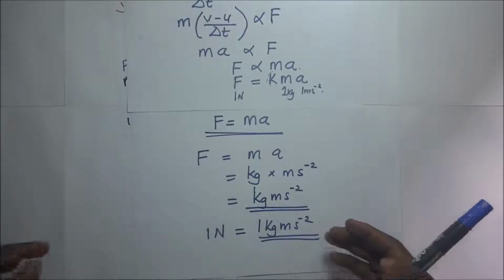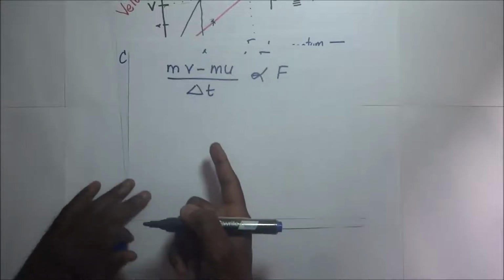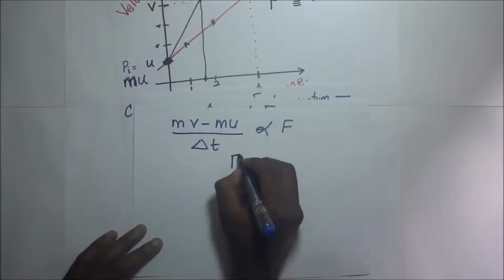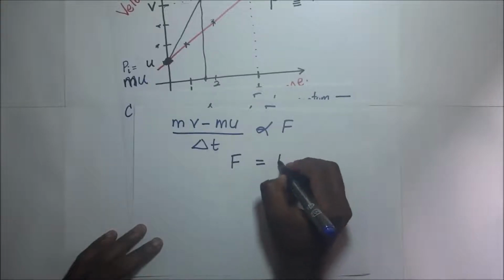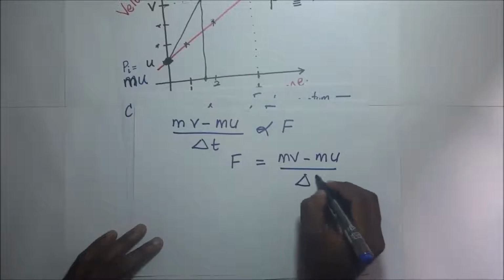Again, this also leads us to another phenomenon. If we start from where we started here, that change in momentum is directly proportional to the force, and you just introduce the equal sign, that F is equal to mv minus mu, divided by the change in time.